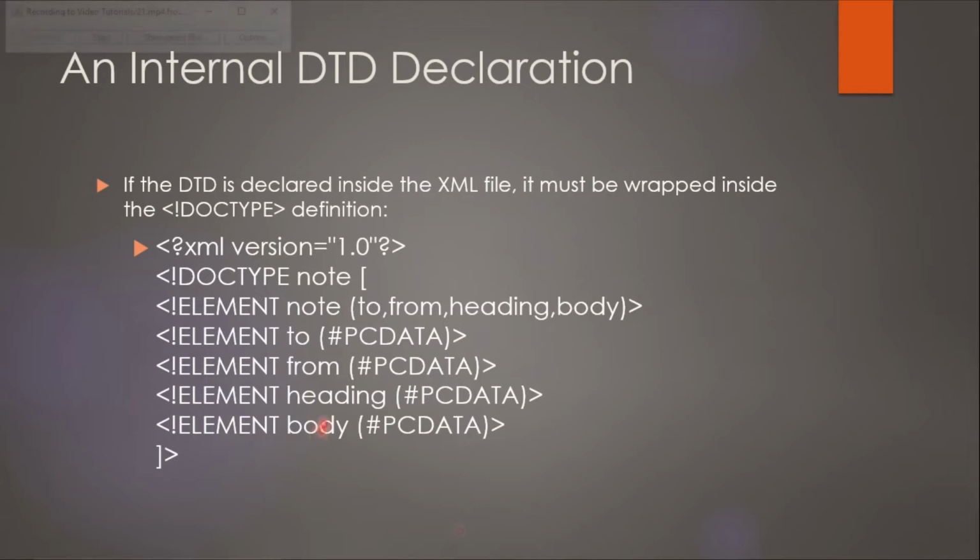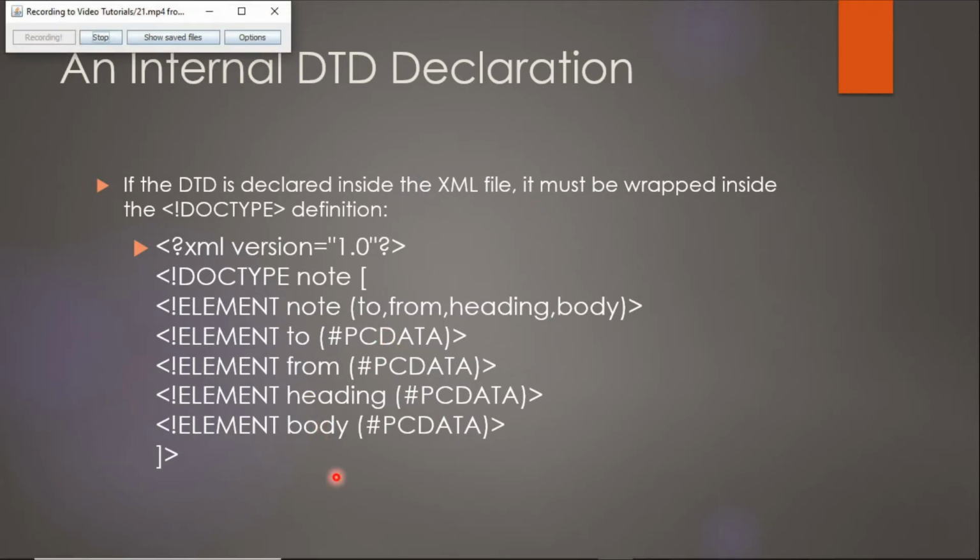PCDATA, the parsed character data. The DOCTYPE note defines that the root element of the document is note. Element note defines that the note element must contain the four elements to, from, heading and body.